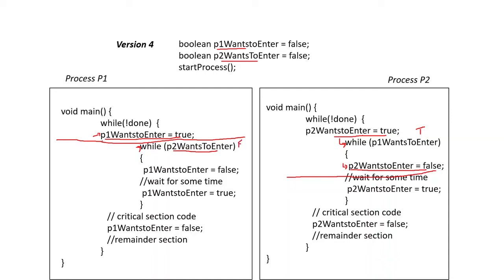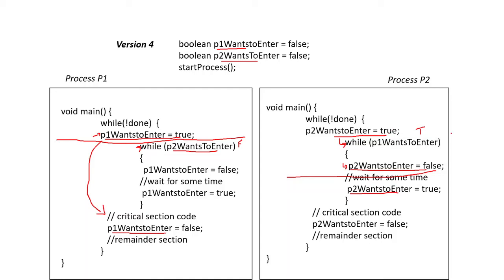So P1 directly enters into the critical section, and after it is done, it will change the value of the variable P1 wants to enter to false, and then it will execute in the remainder section. At this point, say P2 is resumed, and P2 changes P2 wants to enter back to true, and then it again tries to evaluate the while loop.